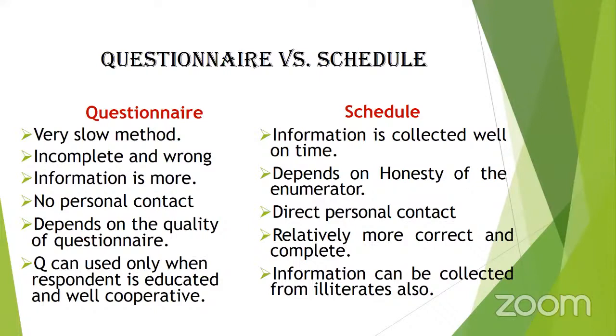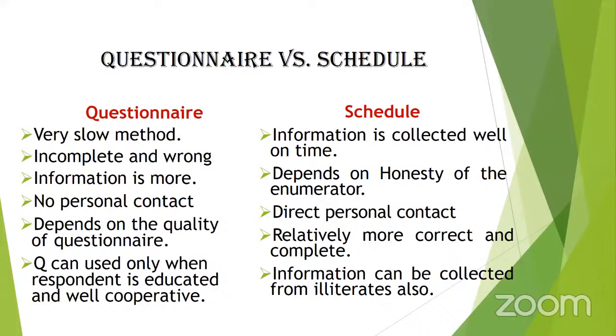Schedule, on the other hand, information is collected well on time, because we have a trained staff doing it, and it depends on the honesty of the enumerator. Enumerator is the word we use for these data collectors, and in India, I've seen that sometimes we hire third-party agencies to collect the data.